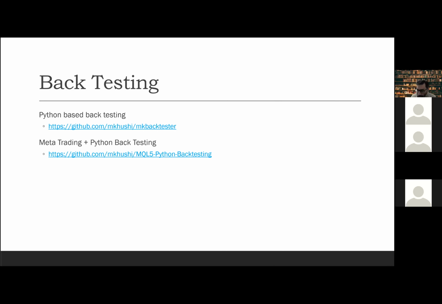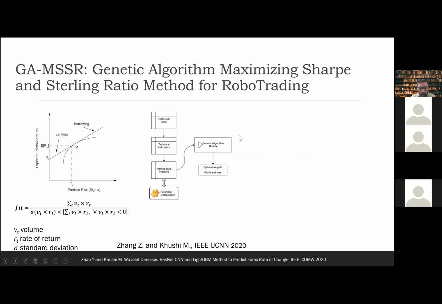Yes, the idea of the genetic algorithm here, a couple of slides back, basically the use of the genetic algorithm here was to pick the best combination of trading rules for that particular point of time. Different traders could have a different rule.